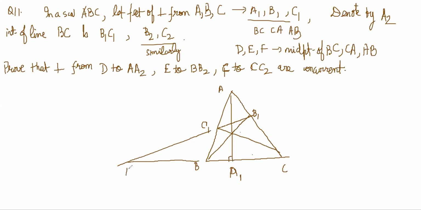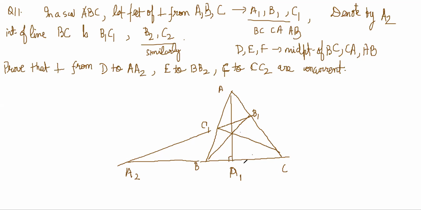That is A2. And similarly B2, the intersection of... I will not draw that. I will just focus on A2. D, E, F are midpoints of BC, CA, AB.